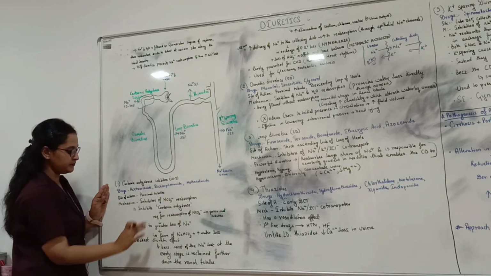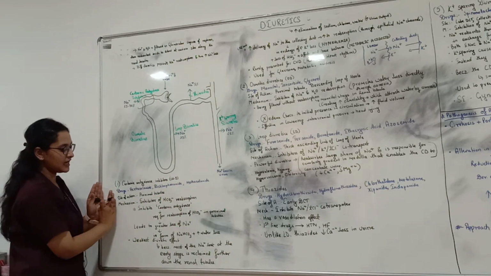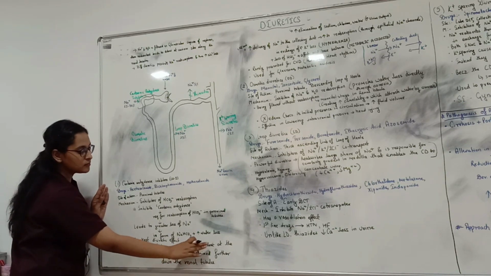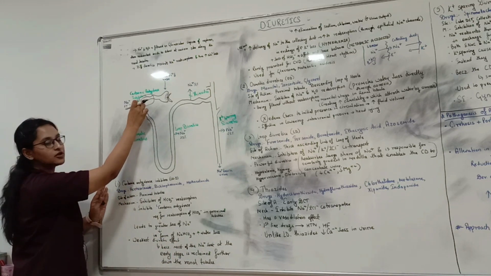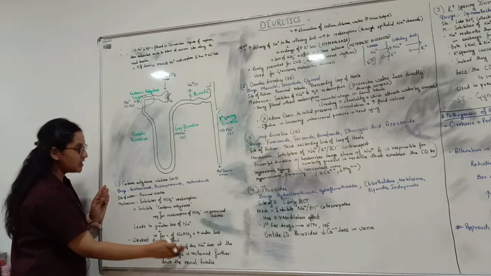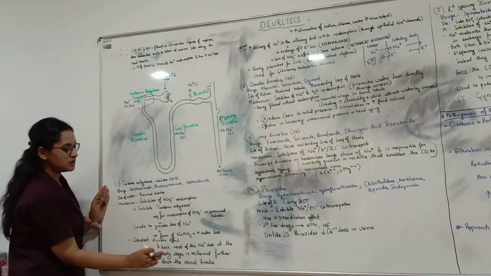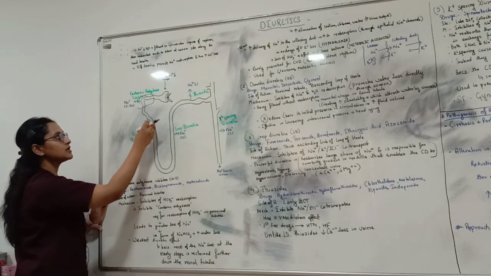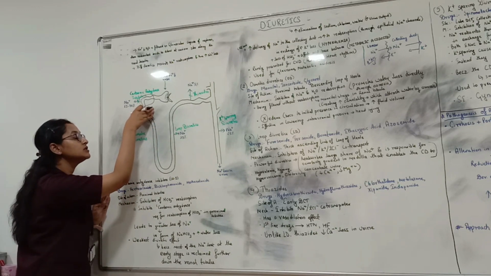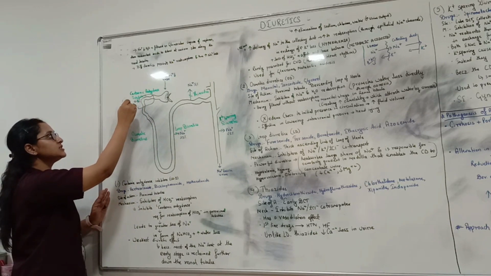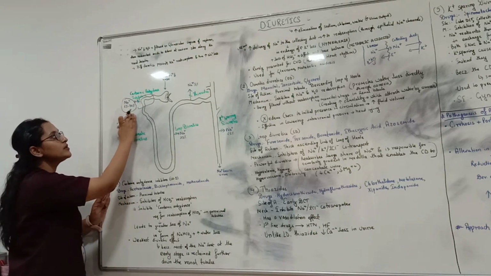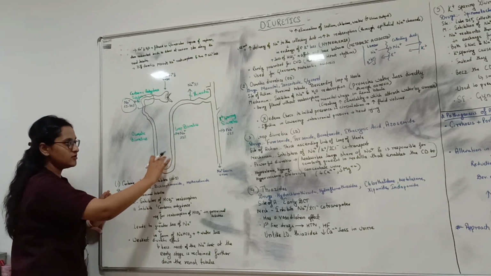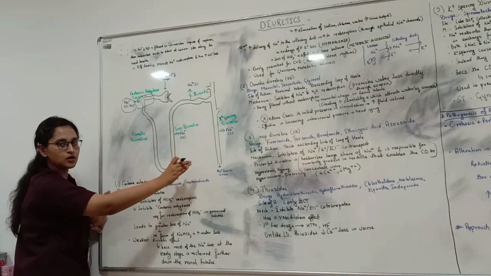It has the weakest diuretic effect, because most of the sodium lost at this early stage, the proximal tubule, is reclaimed further down the renal tubule. The sodium is reabsorbed in the other parts of the renal tubules.